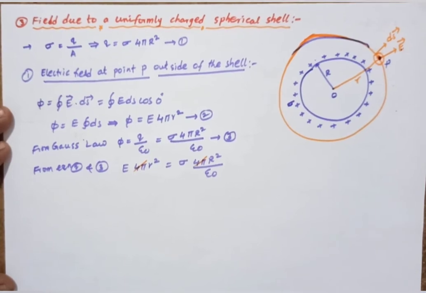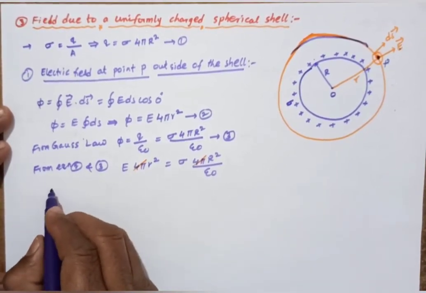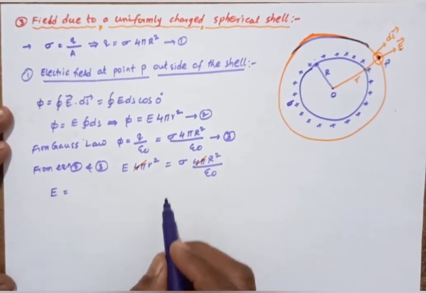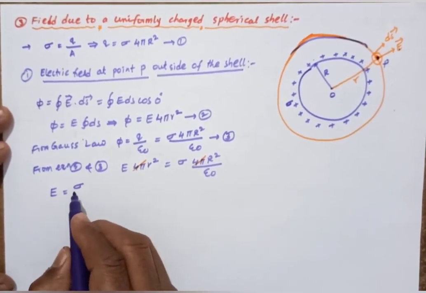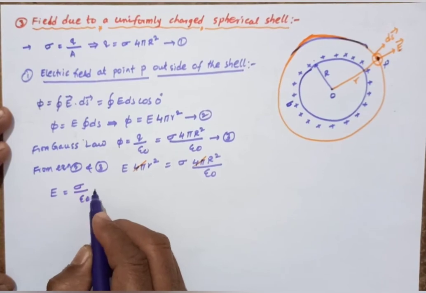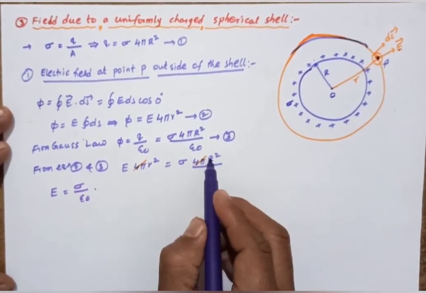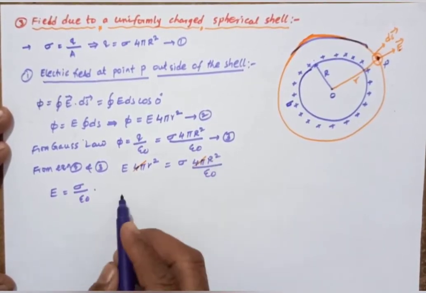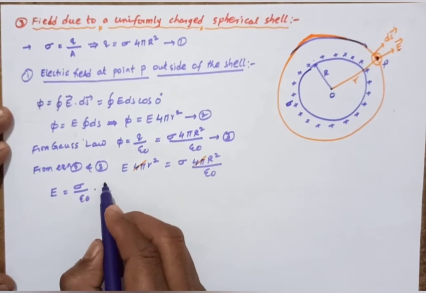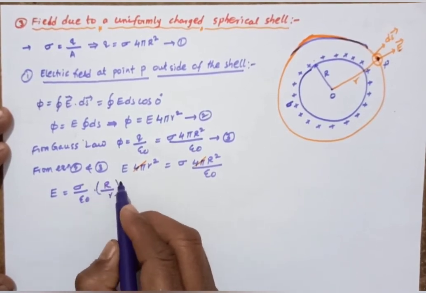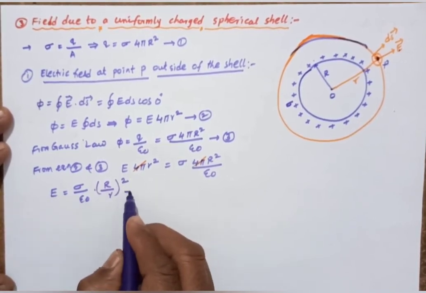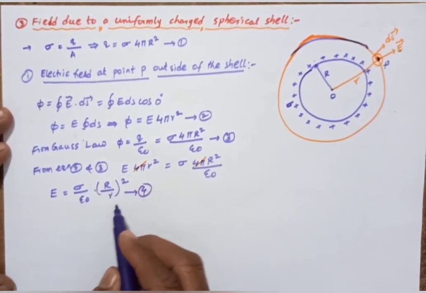So then E equals sigma by epsilon naught into (R by small r) whole square. So this is equation number 4.